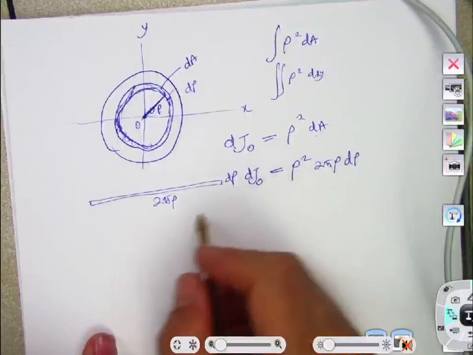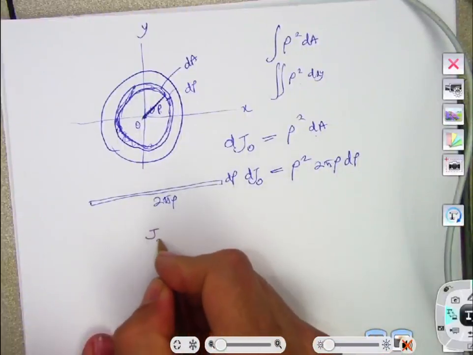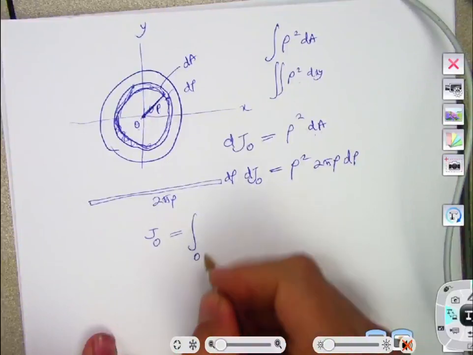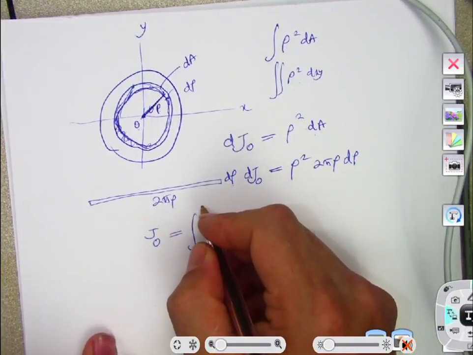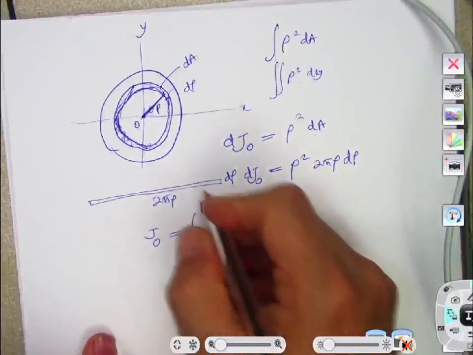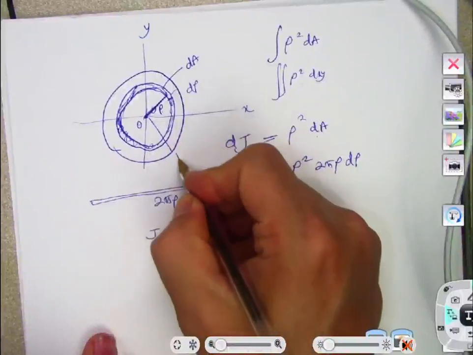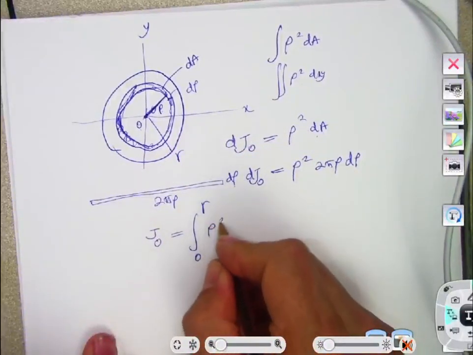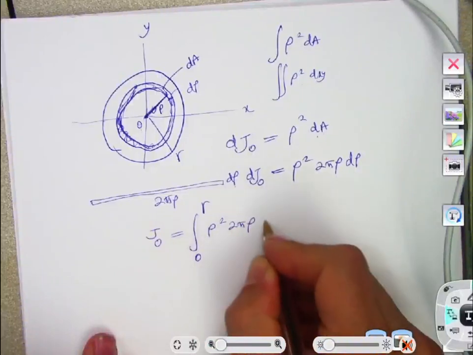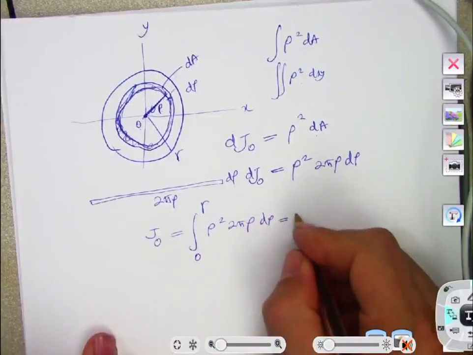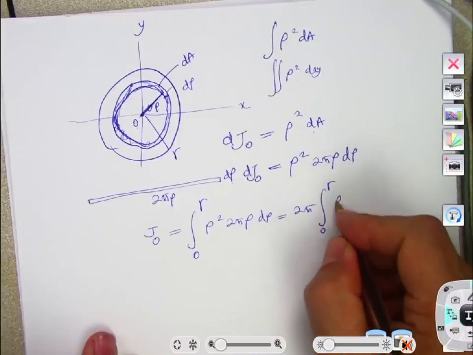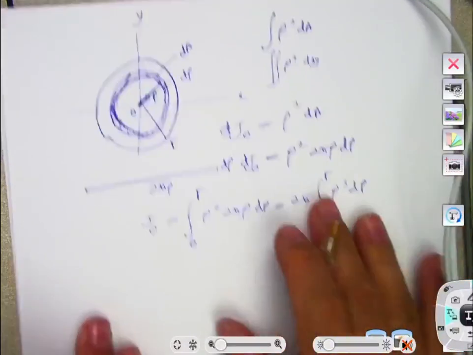But in order to find JO, I need to evaluate this integral over the entire section, with rho going from 0 to R, R being the radius of the circular section. So here's the integral I have to take. You take 2 pi out because it's constant, and you get the integral of rho cubed d rho.